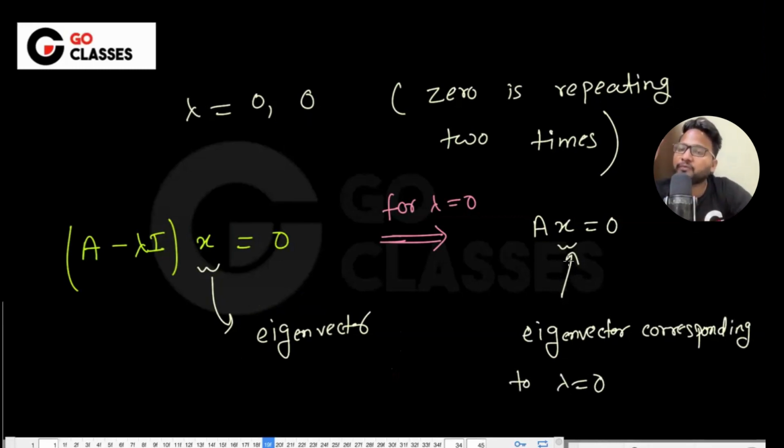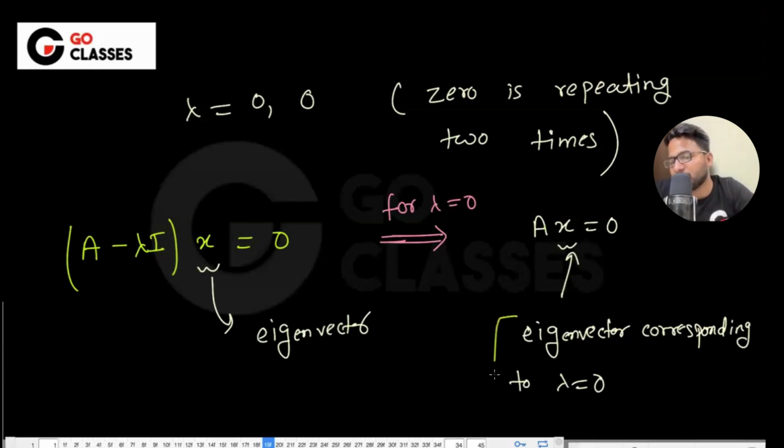If it is Ax equal to 0, then x is basically a solution of Ax equal to 0. So if you have two linearly independent eigenvectors corresponding to lambda equal to 0, it means you have two free variables, right?